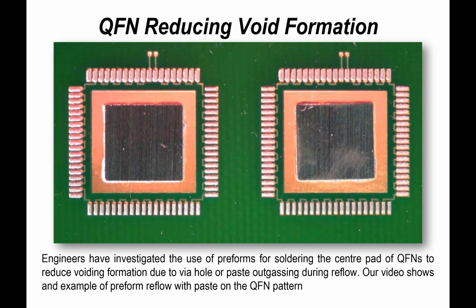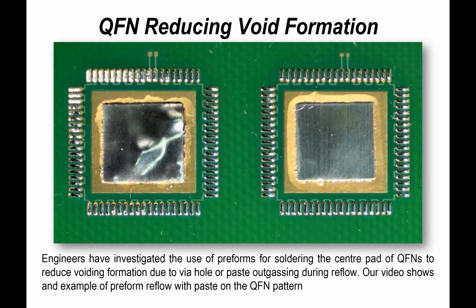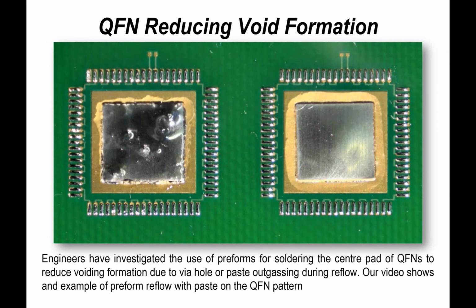So in this particular example, it's just a video clip to show you what's happening in the process. So these are just two QFNs with preforms in place. You can see the outer solder joints reflowing. Also, you can see the preform reflow on the surface of the pad.